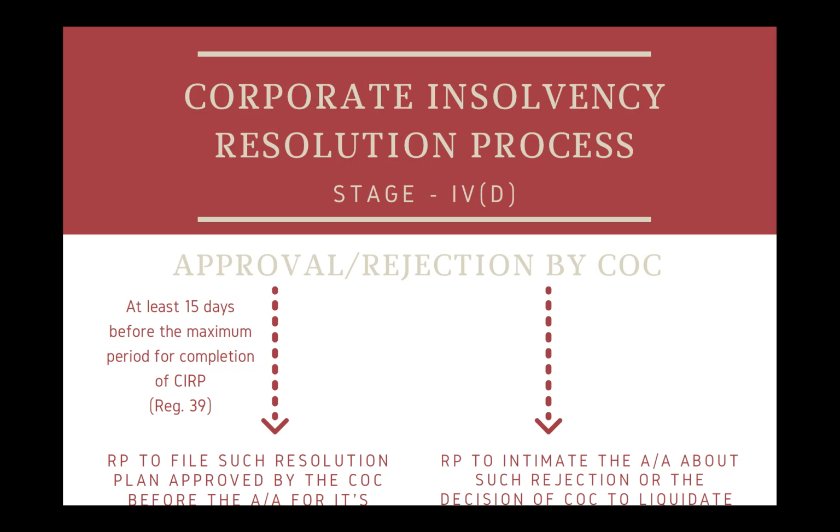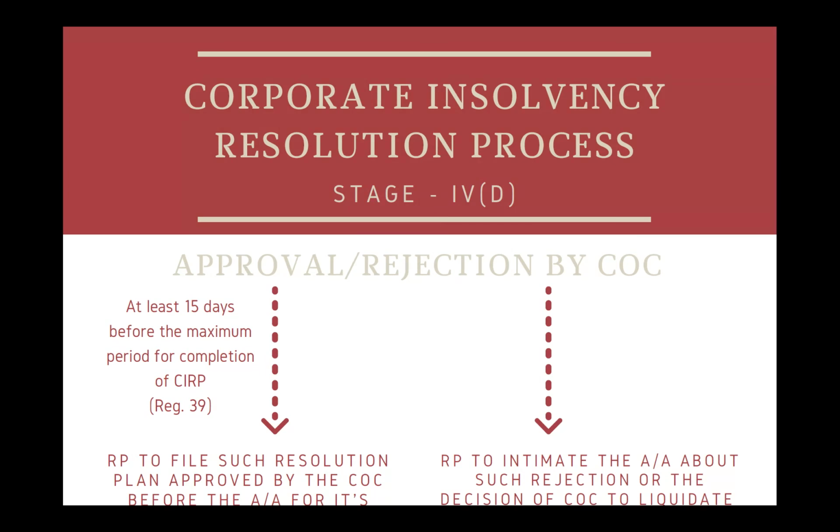Every resolution plan has to be examined by the resolution professional to see whether it provides for the CIRP cost, that is the Corporate Insolvency Resolution Process cost incurred during this period, and whether such costs have been given priority or not.